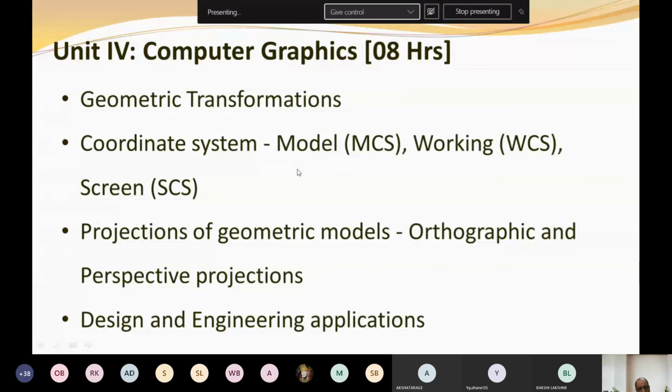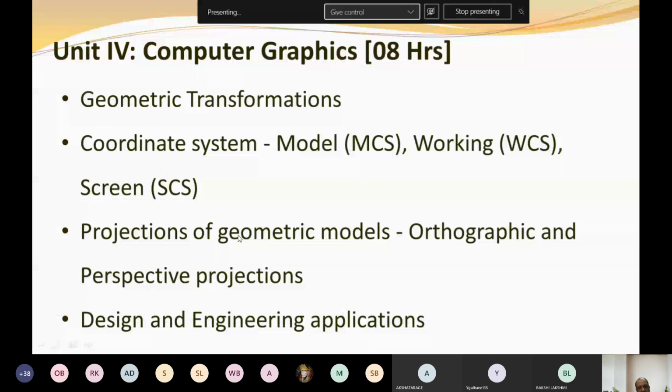Because your input device is a mouse, generally, or a keyboard, and the display device is a monitor. Both things are 2D. You cannot work in 3D. So we are creating a 3D model, but we always have to work in a 2D environment.